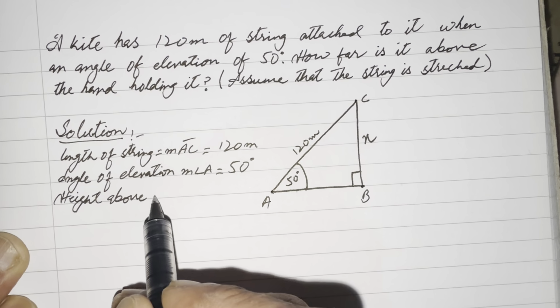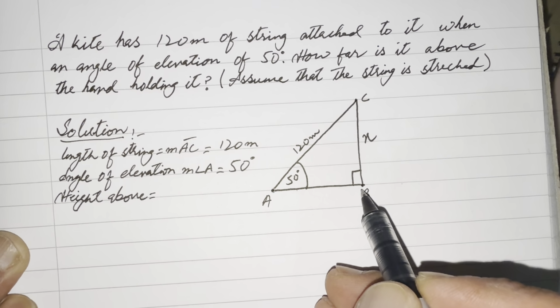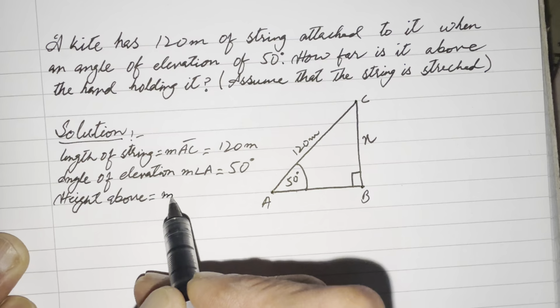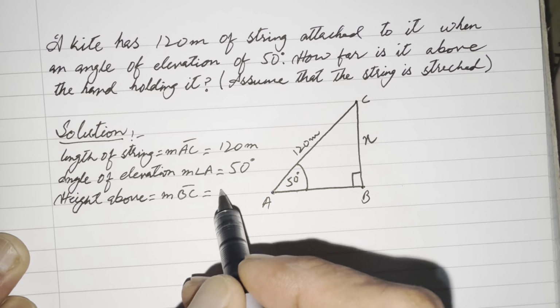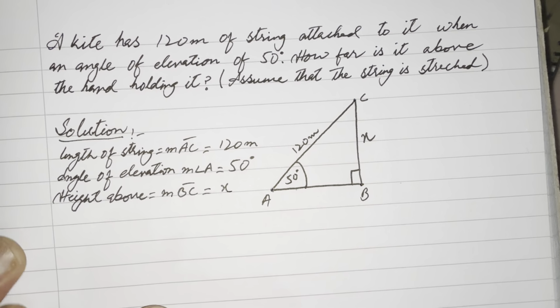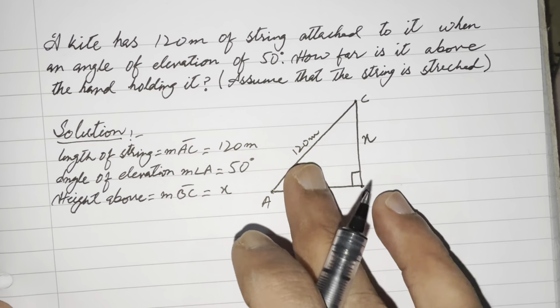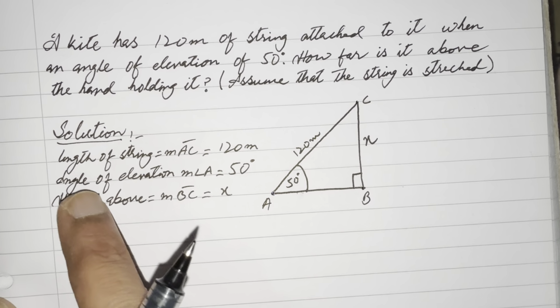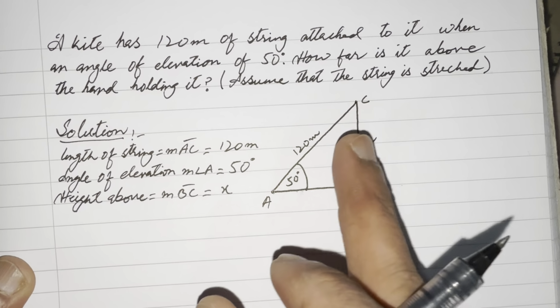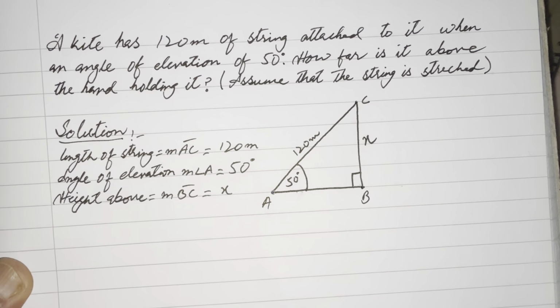So height above is equal to the measure of BC, which is equal to x. So these are the things that we have to write down, the information given according to the statement and the figure.